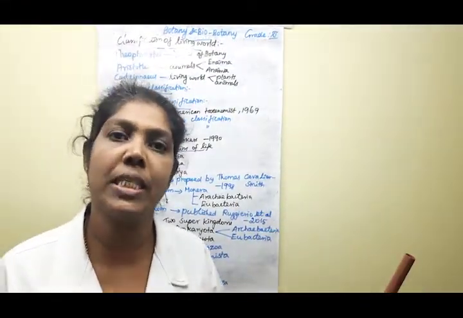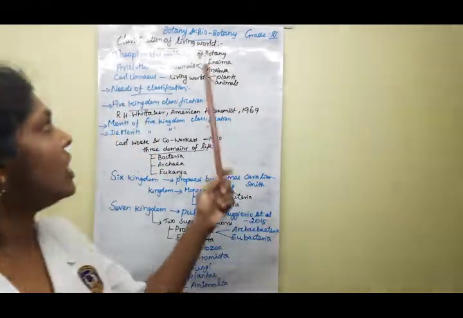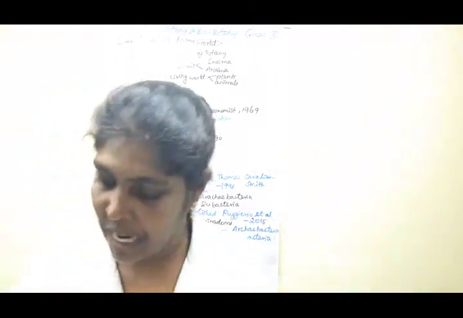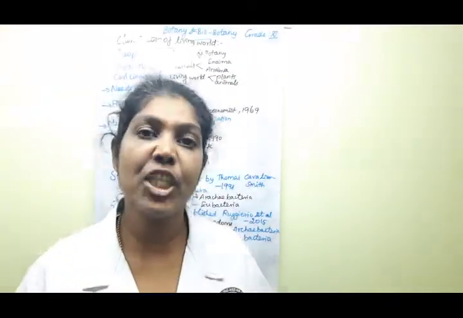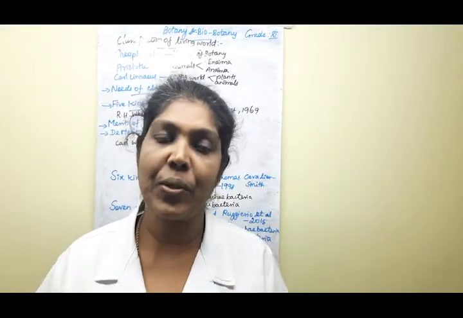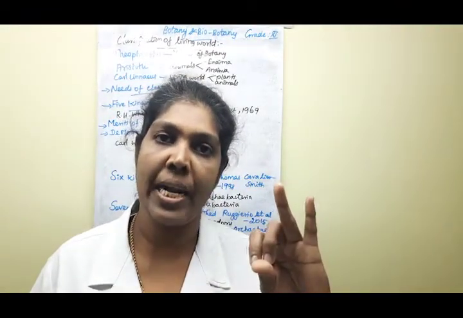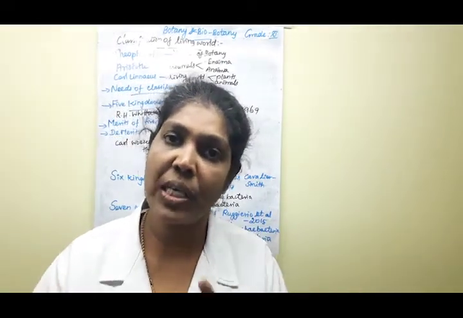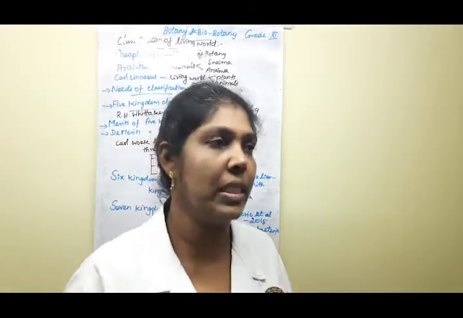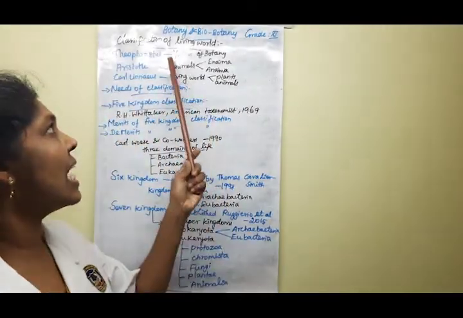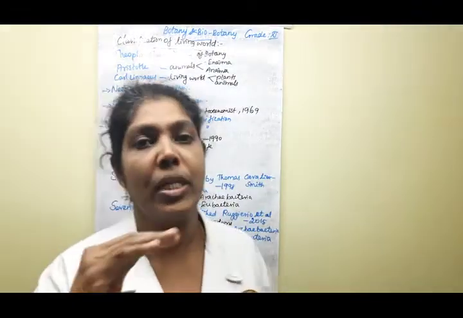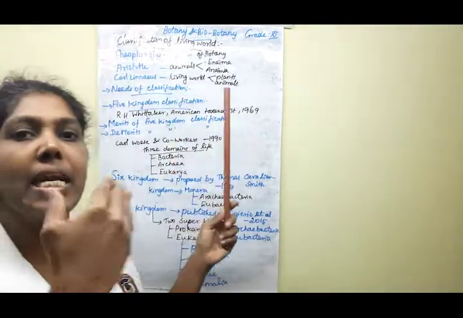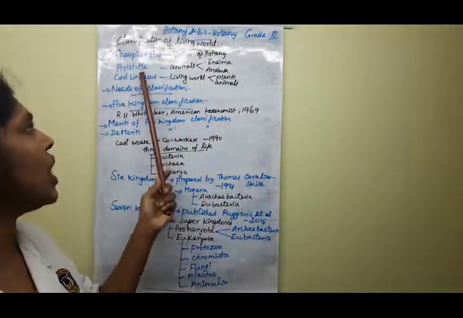He classified the plants related to their habits: trees, shrubs, and herbs, based on morphological characters, into three classes. Clear? The next taxonomist, the second one, is Aristotle.